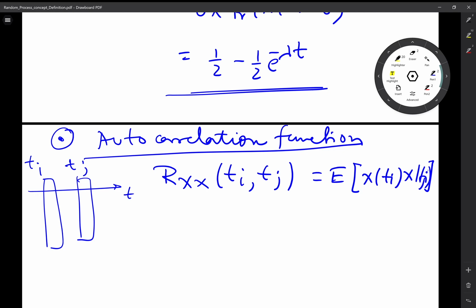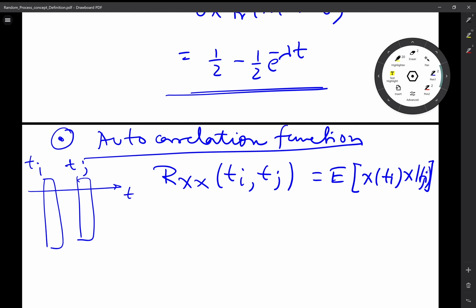So now, this is the simple thing. Earlier we saw that we need to know a single PDF at some point of time ti. Now we need a joint PDF of some times ti and tj.